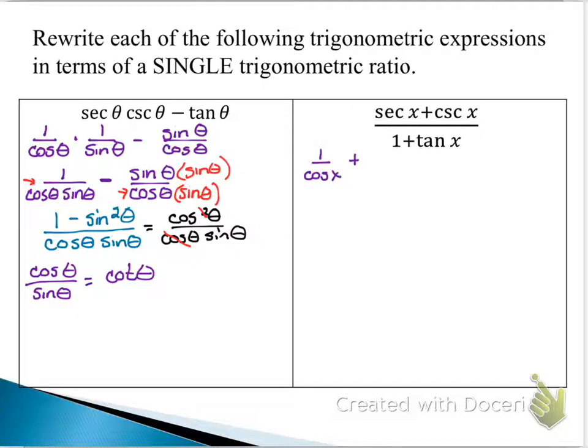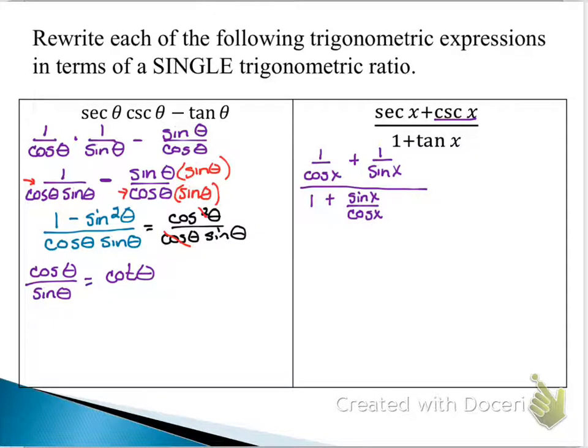Plus, and then cosecant x is going to be 1 over sine x. Okay, it's going to get hairy, don't panic. And so this is 1 plus, and this is tangent x, which I'm going to go ahead and get in terms of sine and cosine.